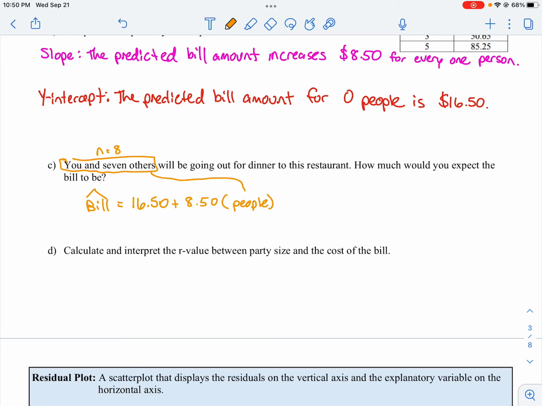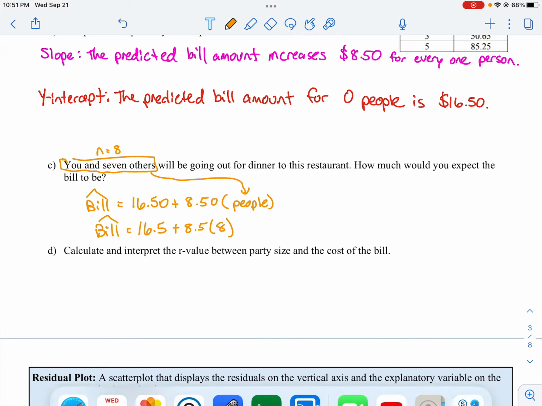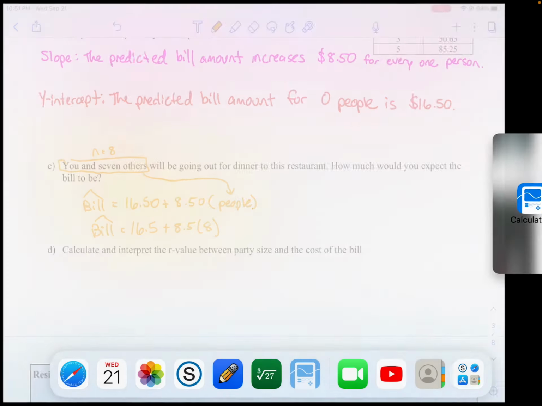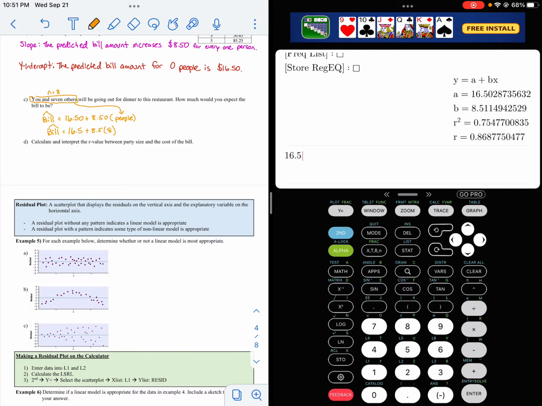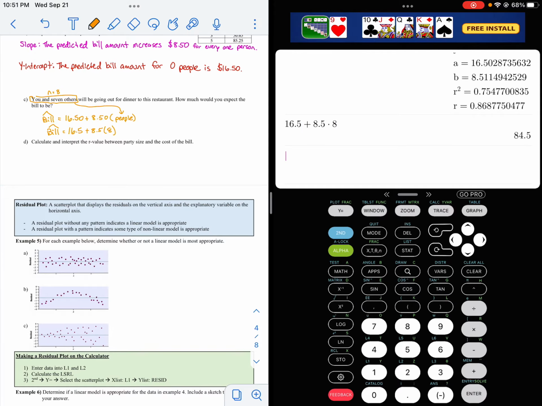We just take that 8, drop it in there. The projected bill is 16.5 plus 8.5 times 8, and we can see that we get $84.50.